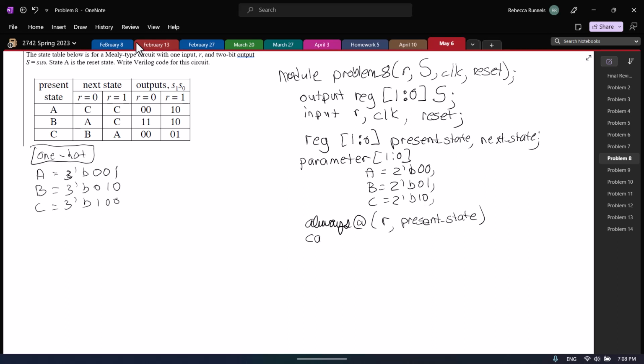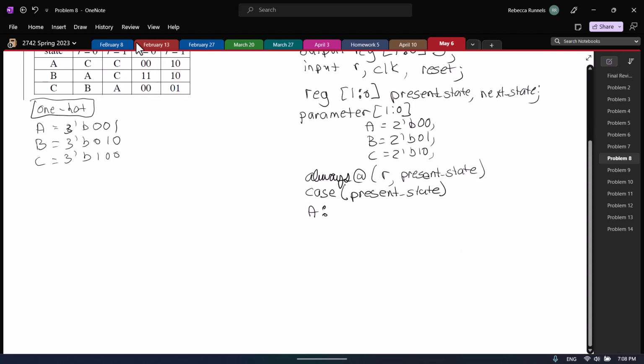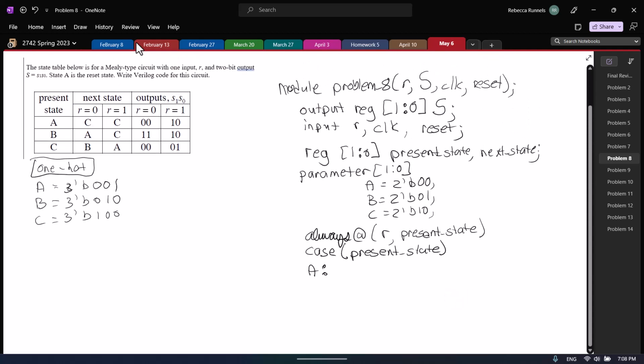And I'll have case based on our present state. And my first case will be A. And notice that this is Mealy.